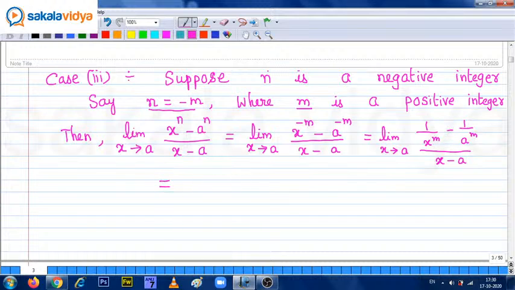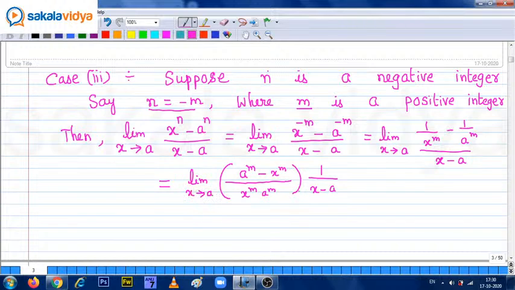Now in the numerator let us take the LCM. So this is equal to x to the power of m, a to the power of m in the denominator, and in the numerator a to the power of m minus x to the power of m, times 1 upon x minus a, limit x tends to a.